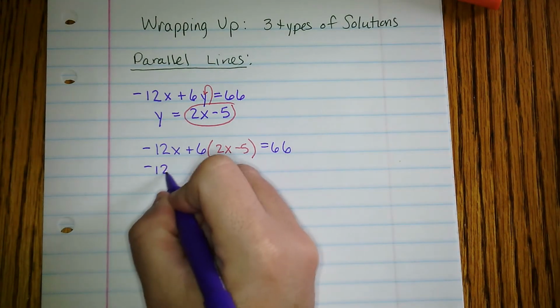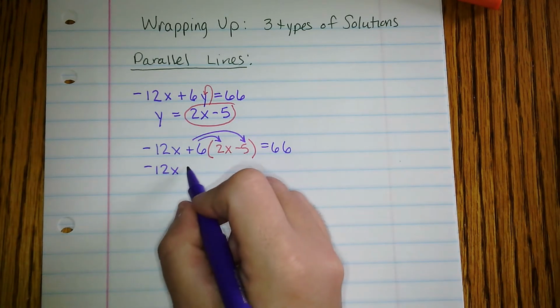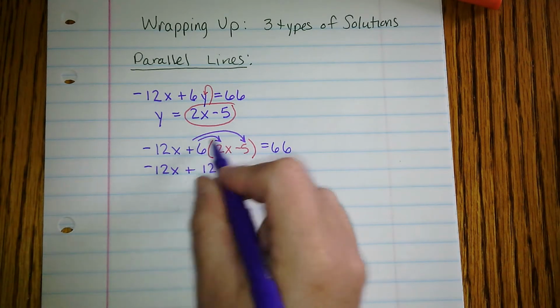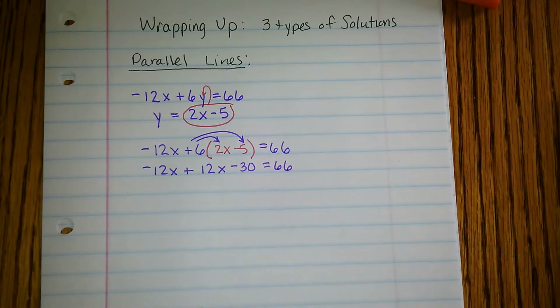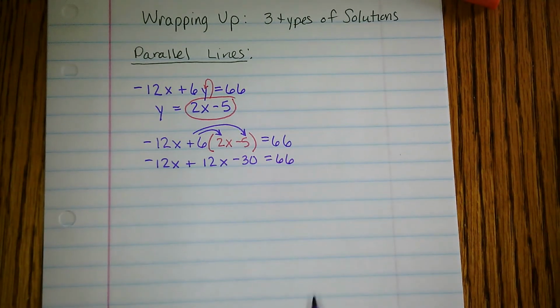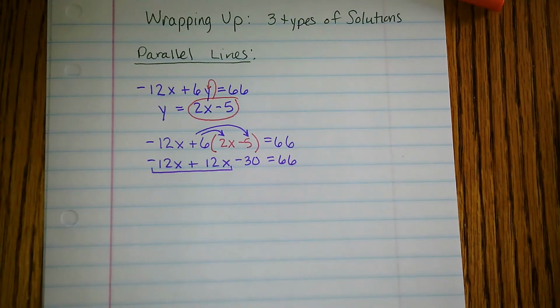We're going to bring down that negative 12x. We're going to distribute that 6. So I get plus 12x minus 30 equals 66. At this point, I have negative 12x plus 12x, and we can combine them. And when we do, they cancel.